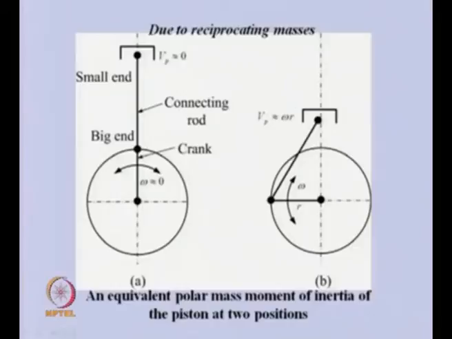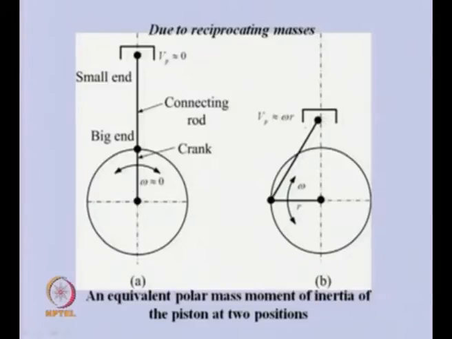Now, coming to the reciprocating mass. Let us see this particular engine, which is nothing but crank and connecting rod, and here the piston is there. You can see in this configuration, this is one of the dead ends of the piston, and this is another configuration in which the crank is making 90 degrees with the previous one.